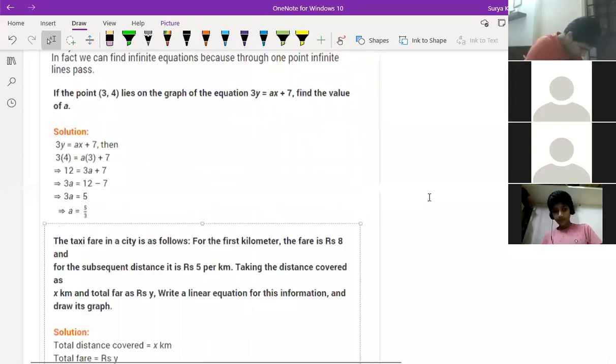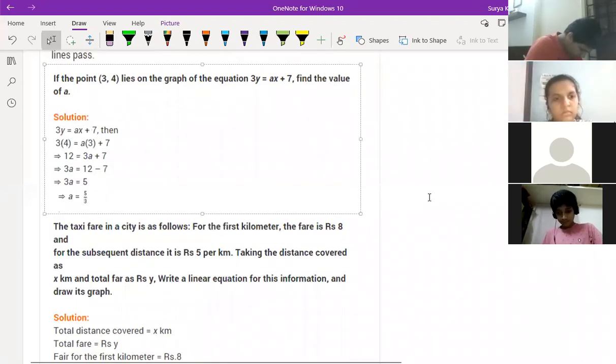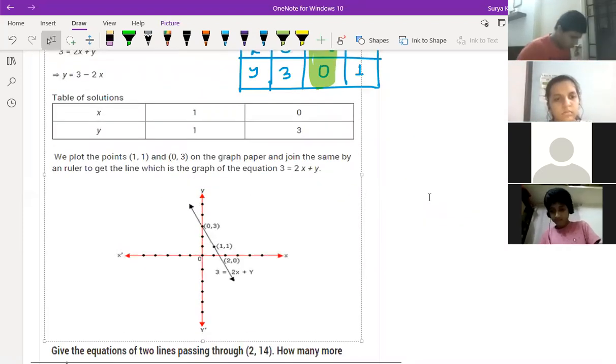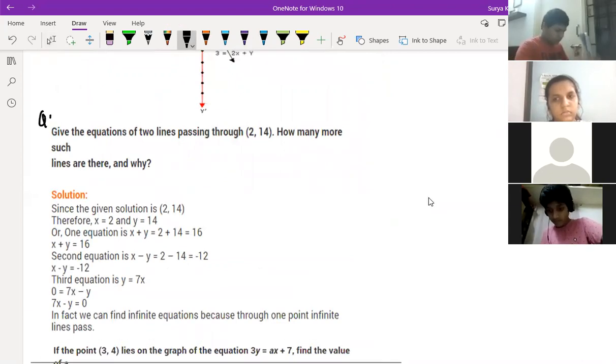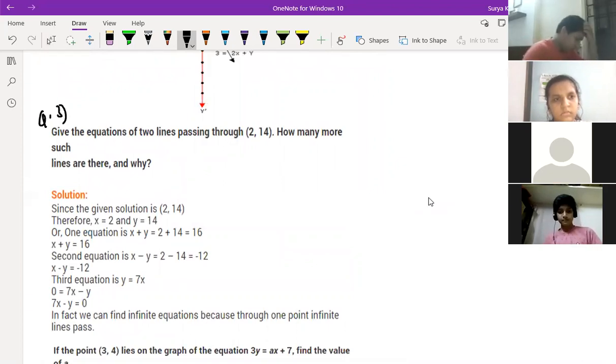So question number 3. Give the equations. Question number 3 is the same question we did day before yesterday. Give the equation of 2 lines passing through 2 comma 14.